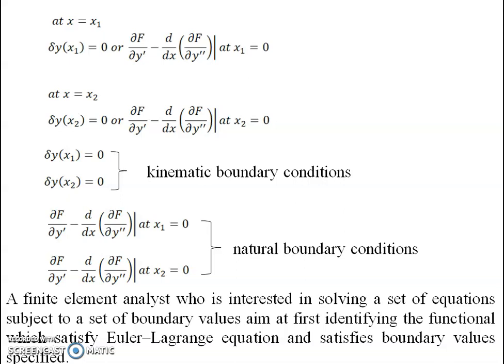Such a method, where we find the approximate solution by varying the parameters for their extreme variance, we call a variational method. A finite element analyst who is interested in solving a set of equations subjected to a set of boundary values aims at first identifying the function which satisfies the Euler-Lagrange equation and the boundary values specified.